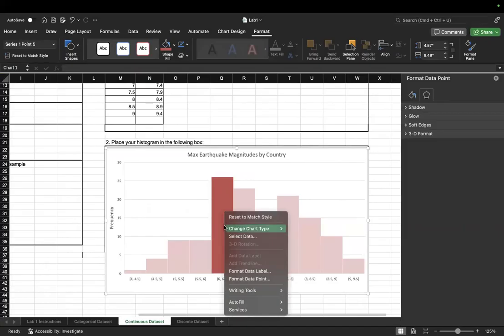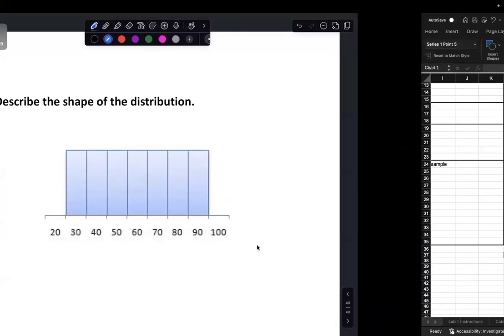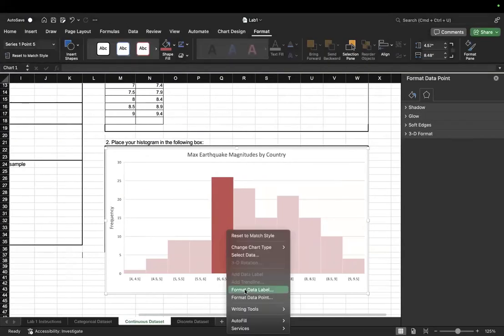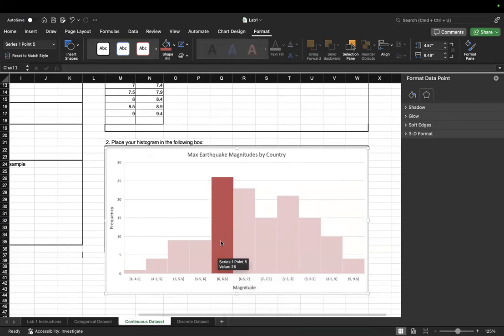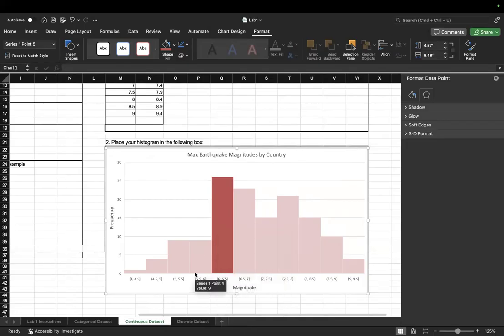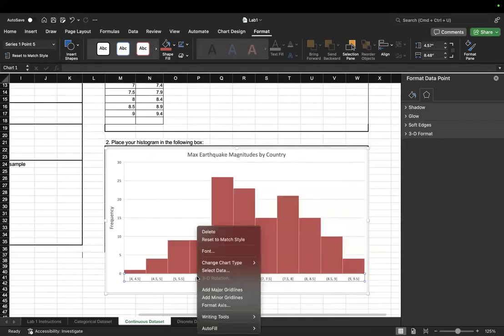So when I right click, go to format. What does it say to say format? Format data series. So I don't have format data series. If you right click on the bins, do you have format data series?